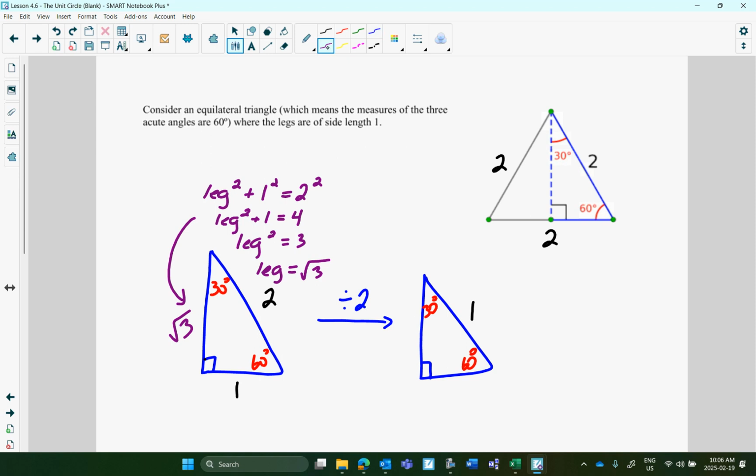Well, what happens when you divide root 3 by 2? Well, we can't divide it cleanly, so leave it as a fraction. What happens when we divide 1 by 2? Can't divide it cleanly, so leave it as a fraction.